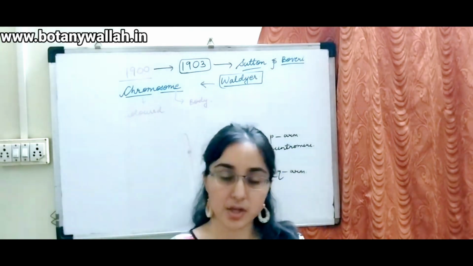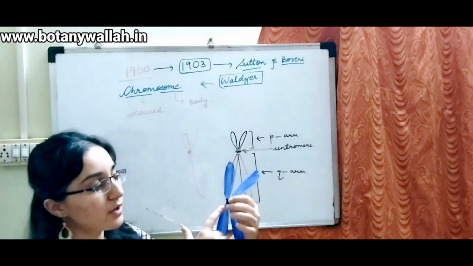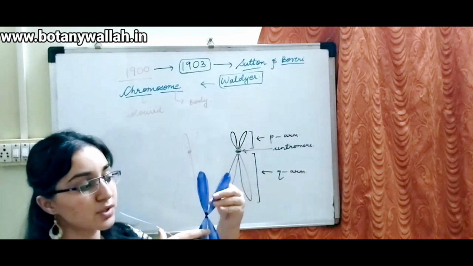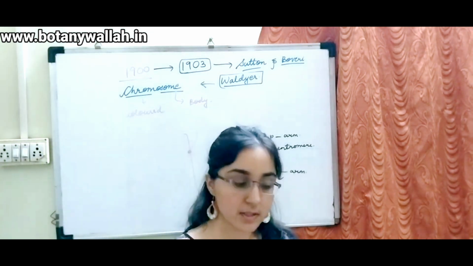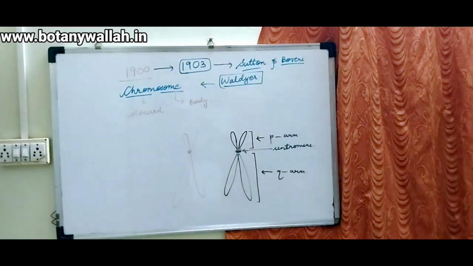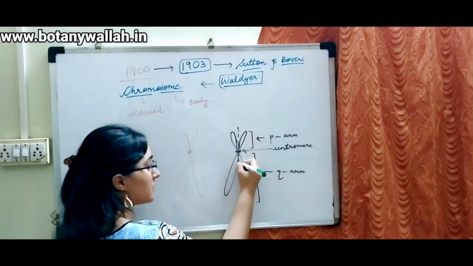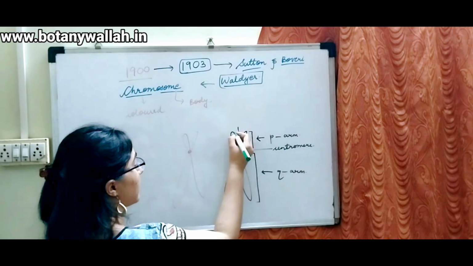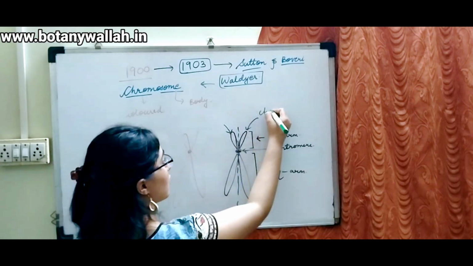Both the chromatids together are attached by a center known as the centromere. If you take half of this, you will get one chromatid and the second chromatid.